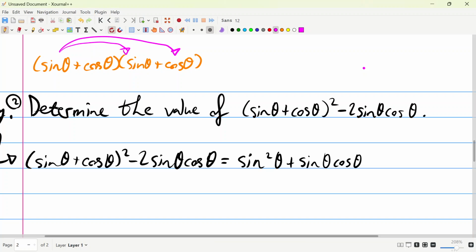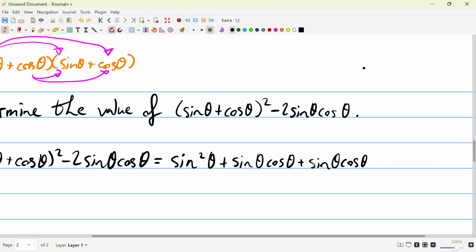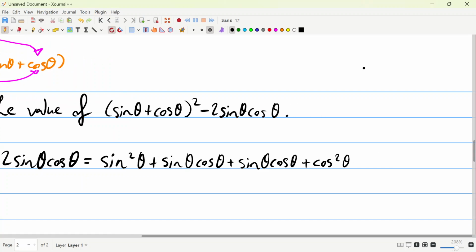And then the next one is the inner, which is cos theta times sine theta, which is just, let's say, sine theta times cos theta, because they're both the same. And then the last, which is cos theta times cos theta, which is going to be plus cos squared theta, okay? And then we obviously have minus 2 sine theta cos theta, okay?